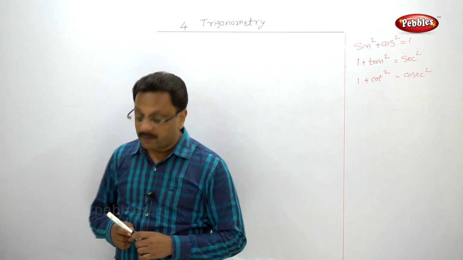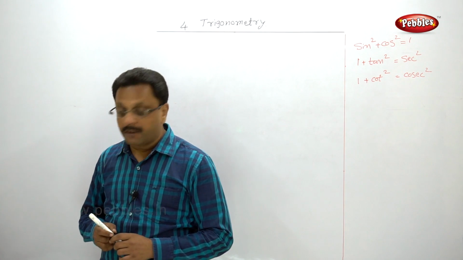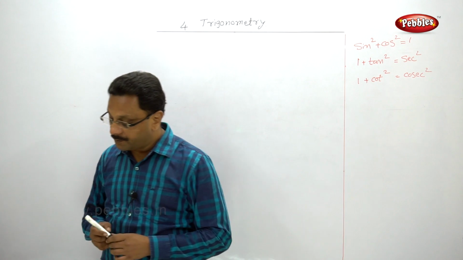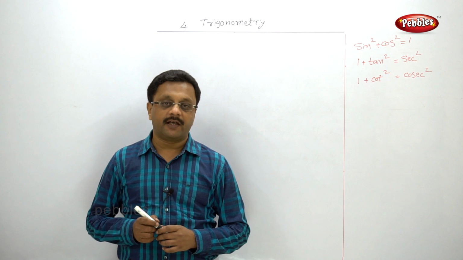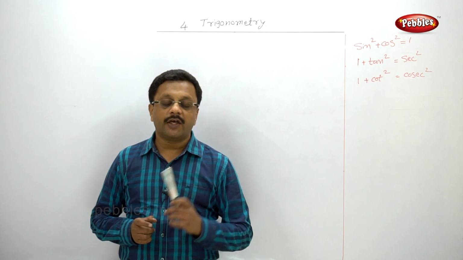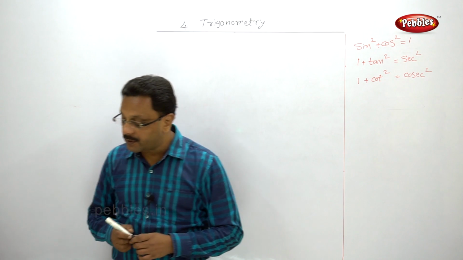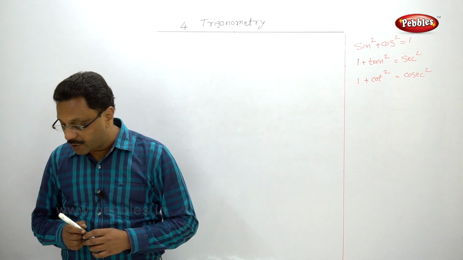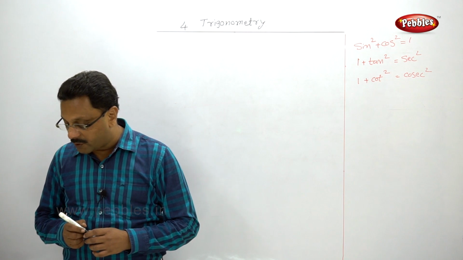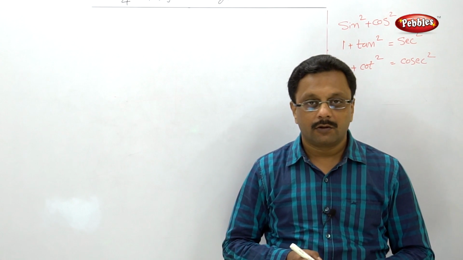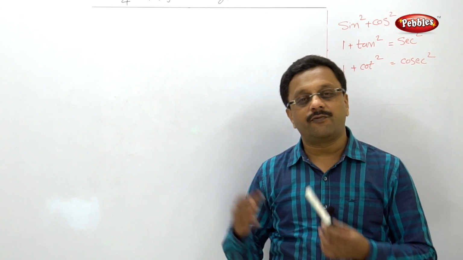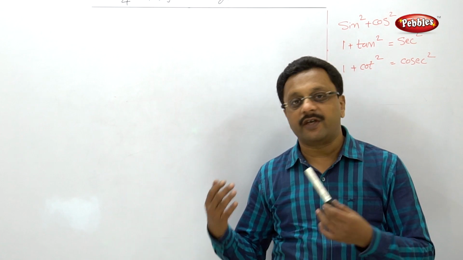For the angle in standard position, means anticlockwise angle, if the initial arm rotates 125 degrees in anticlockwise direction, then state in which quadrant terminal arm lies. Now for this you should not draw the figure, okay, because this is very simple.